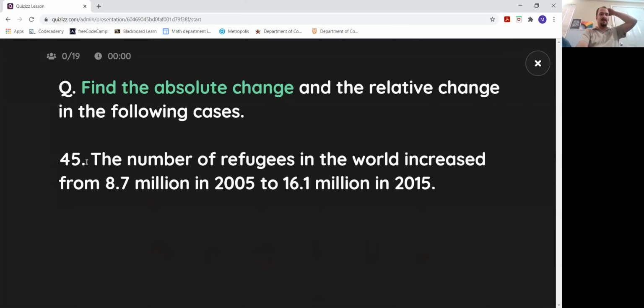Something to note is that this says, where are we at? We went from 8.7 million in 2005 to 16.1 million in 2015. If you're subtracting these numbers, you might want to put the word million there.